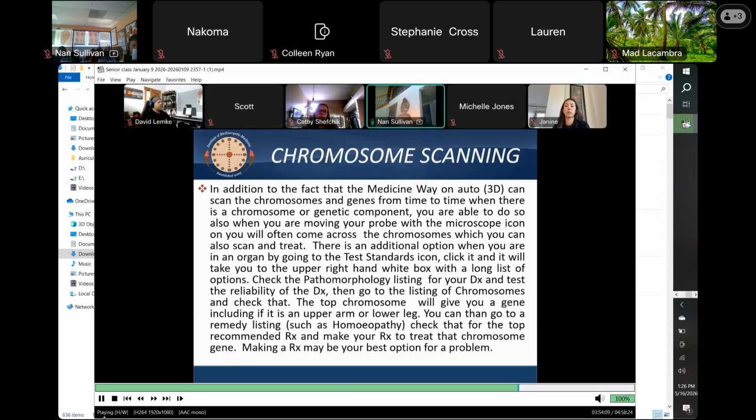Then go to the listing of chromosomes and check that. The top chromosome will give you a gene, including if it is an upper arm or lower leg. You can then go to a remedy listing such as homeopathy. Check that for the top recommended remedy and make your remedy to treat the chromosome gene. Making a remedy may be your best option for a problem.